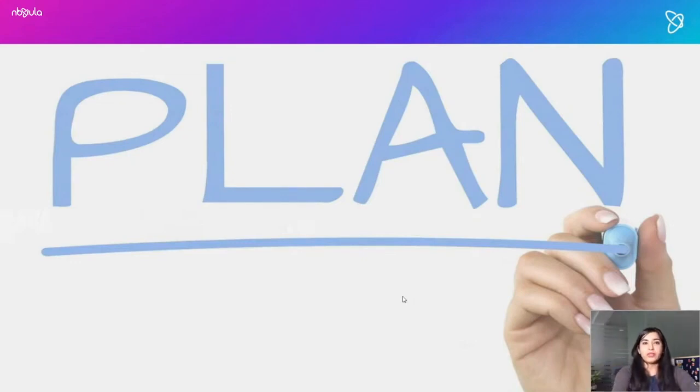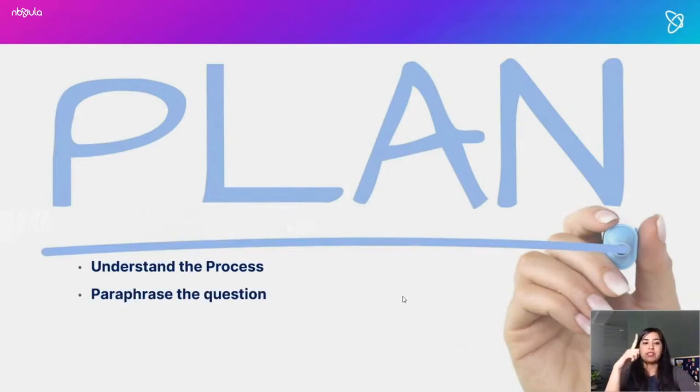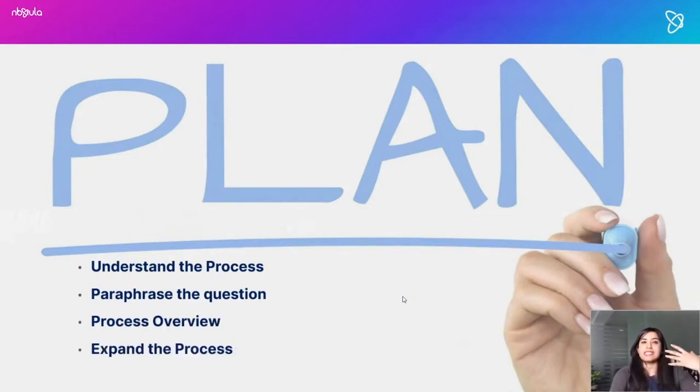We'll be going through this checklist in more detail as we go on through the presentation. First point is understanding the process. Second, paraphrasing the question. Third, process overview, giving an overview of the whole process. Fourth is expanding the process in more detail. And last but not least, checking your essay.